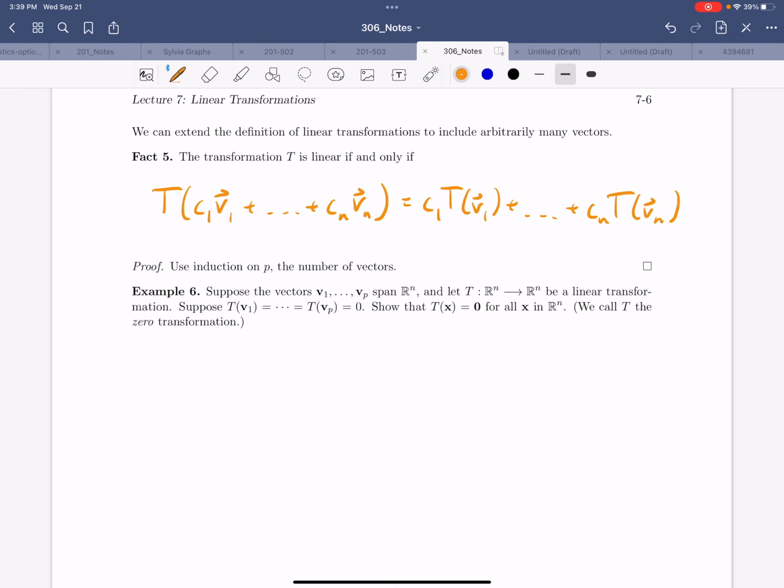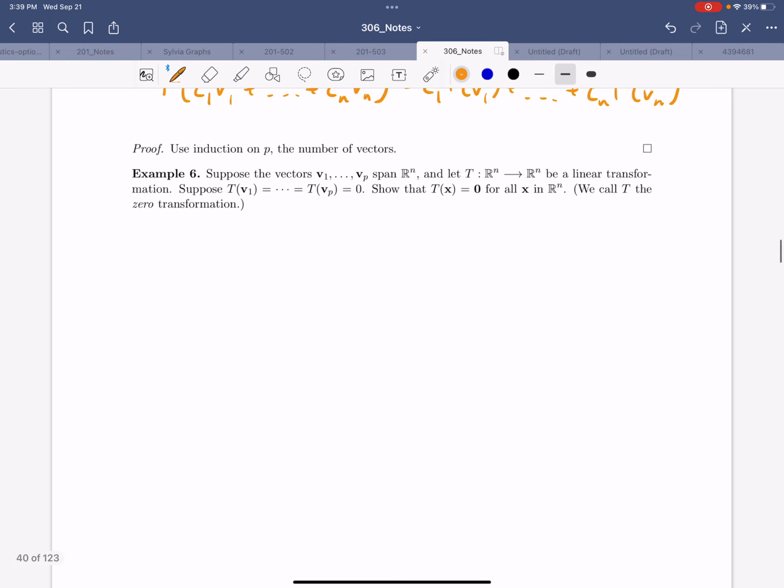Okay? That's equivalent to the definition we stated before, right? It's the same thing, it's just more than two vectors and more than two scalars, right? You can prove that if you really want to prove it, you can use induction. Anyway, quick little example, right? Suppose we've got these vectors, they span Rn, we've got a linear transformation, but T of each of those vectors equals 0. Show that T is actually the 0 transformation.